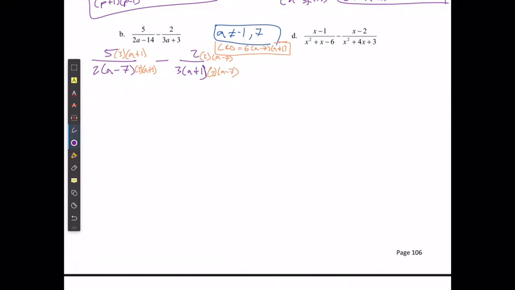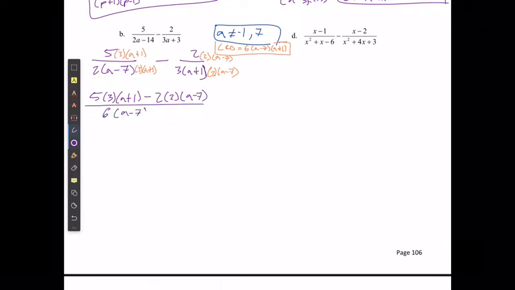So what I actually have is 5 times 3 times (a plus 1) minus 2 times 2 times (a minus 7) all over 6(a minus 7)(a plus 1), or 15(a plus 1) minus 4(a minus 7) over 6(a minus 7)(a plus 1).